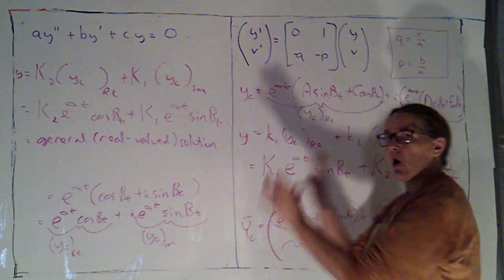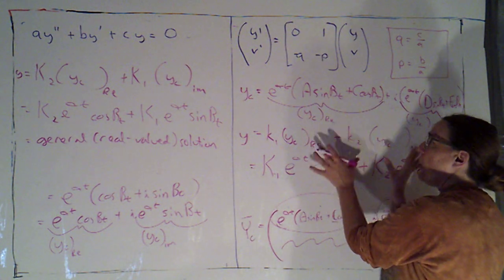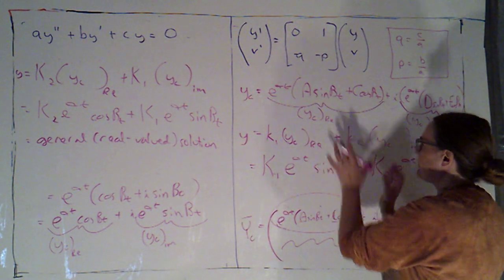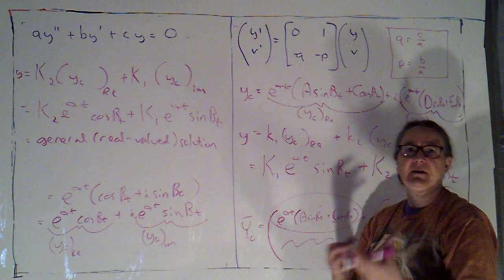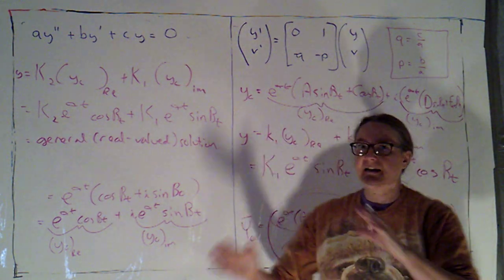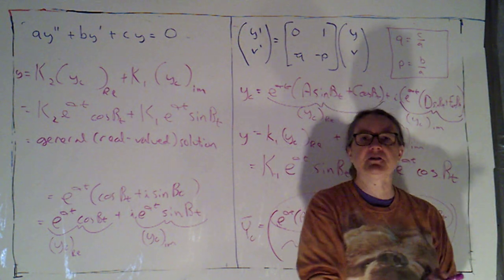Okay, so it's a whole lot more complicated actually to solve the system here, because we sort of have to figure out how many sines and how many cosines are part of the real part, and how many sines and how many cosines are part of the imaginary part.